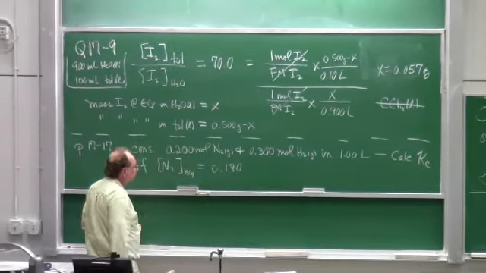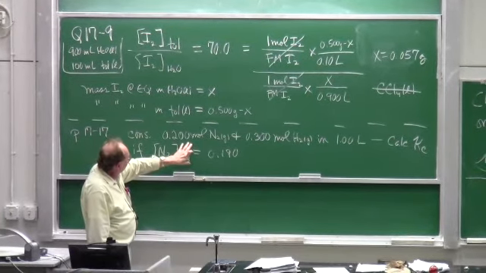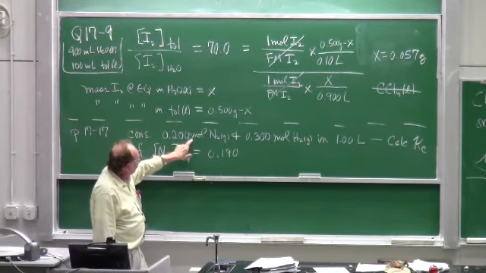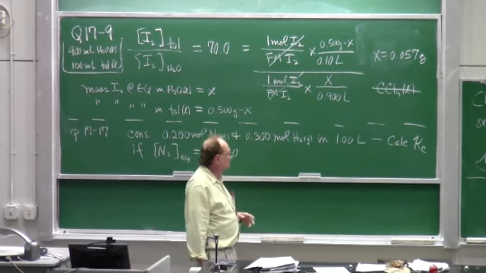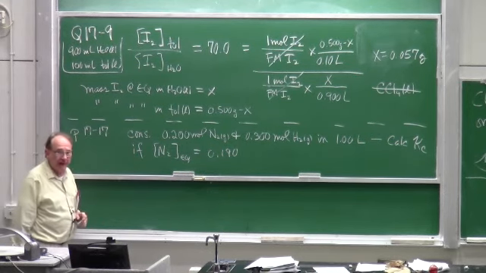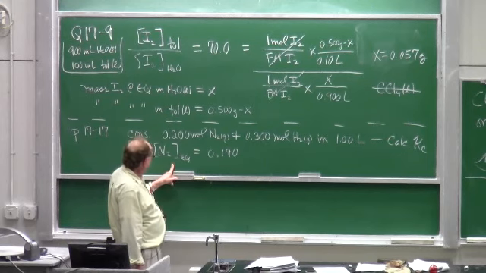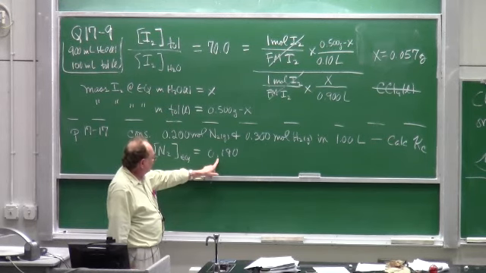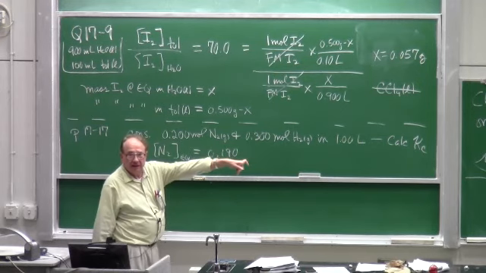If I tell you that in this 1.00 liter flask, we started with this much nitrogen with this much hydrogen and no ammonia initially, and we observe by measurement, after equilibrium is established, we wind up with a molar concentration of nitrogen of 0.190, calculate Kc.